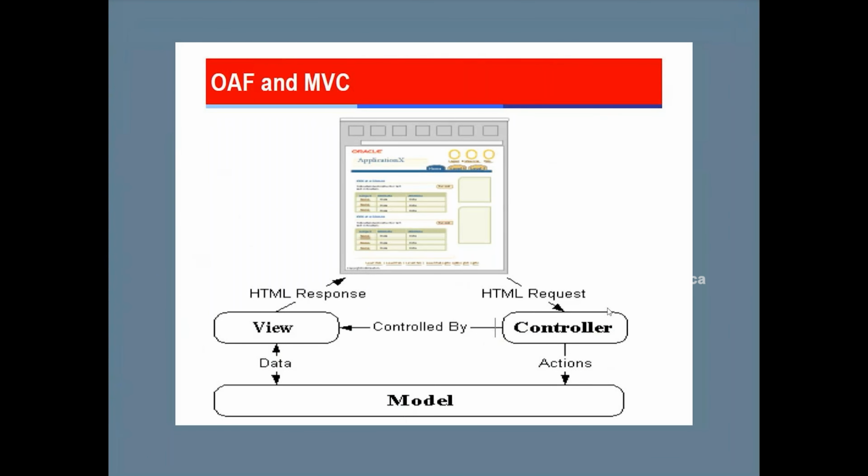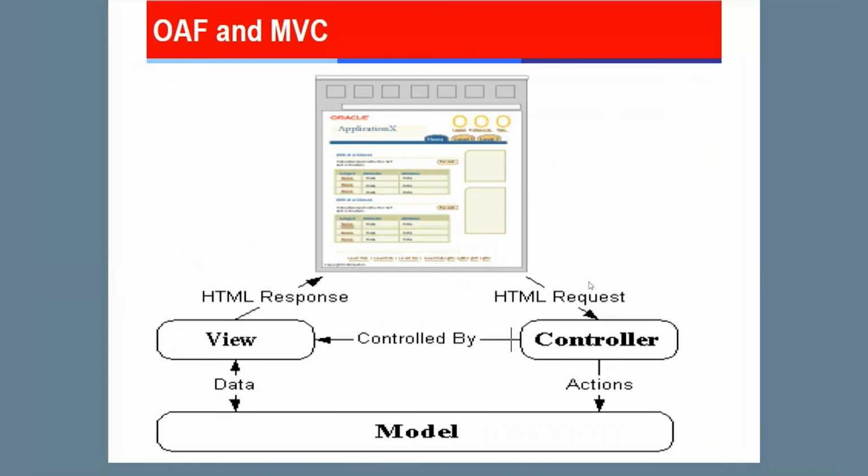So whatever we have tried to understand now is just a representation in a diagrammatic manner. This is a browser on the first screen which we are seeing, and everything is going as an HTML request and response. Suppose a user is clicking on a search button. We understand it goes as a request.